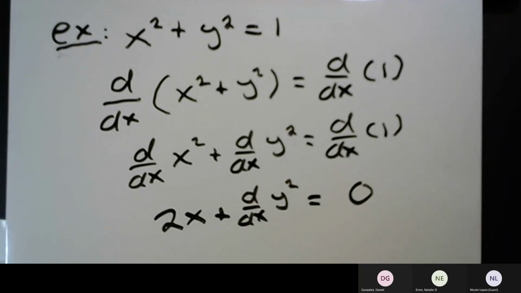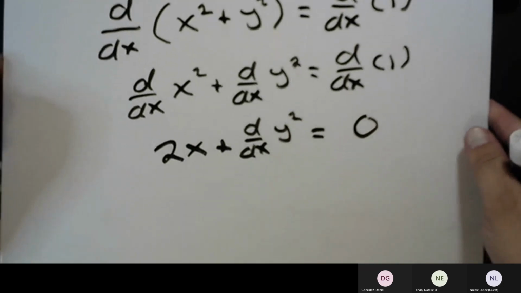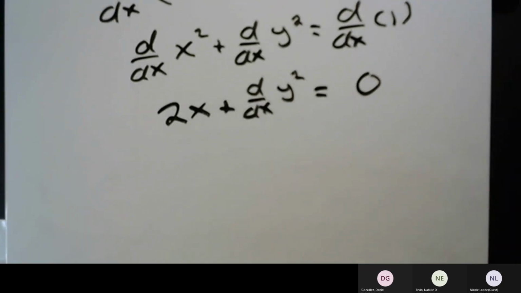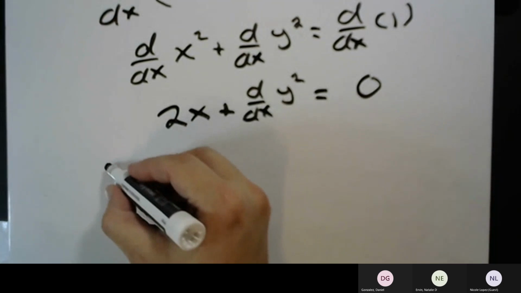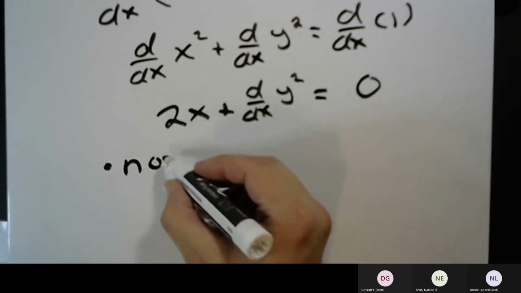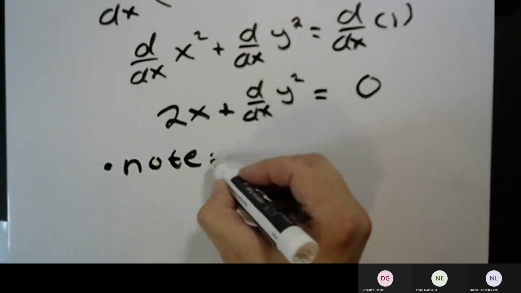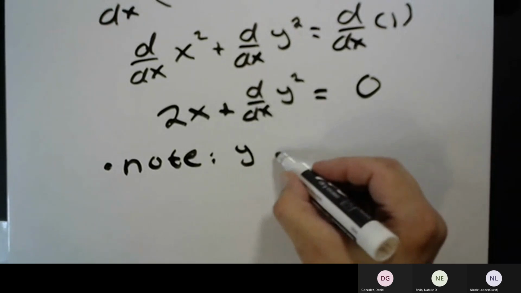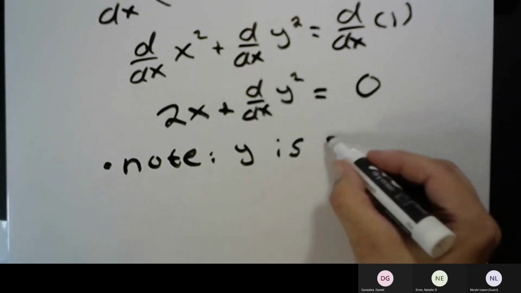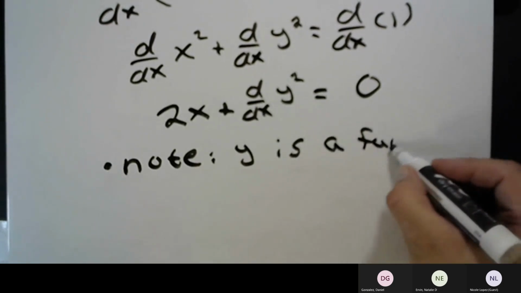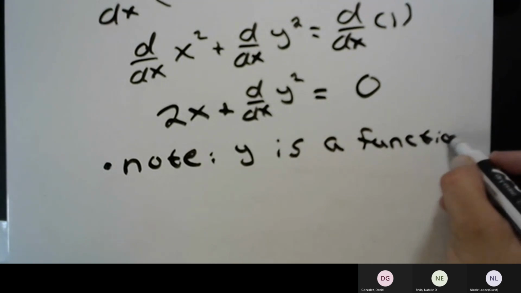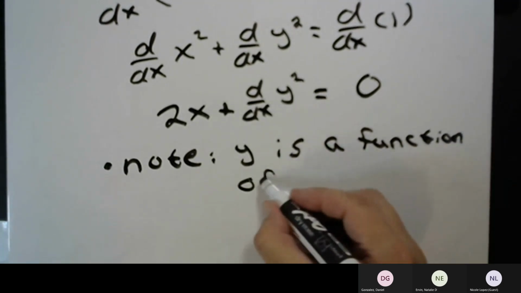How do we handle the derivative of y squared? Well, what we can do is note y is a function of x.